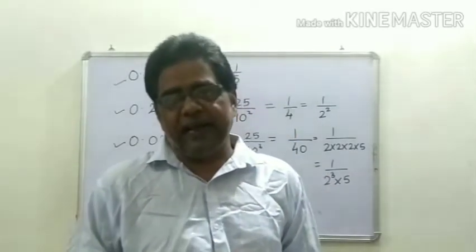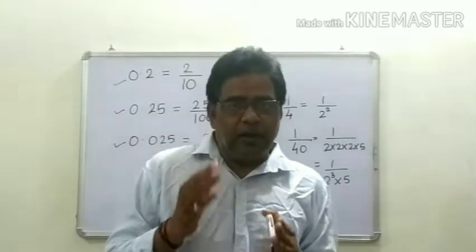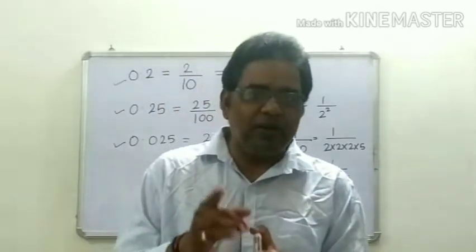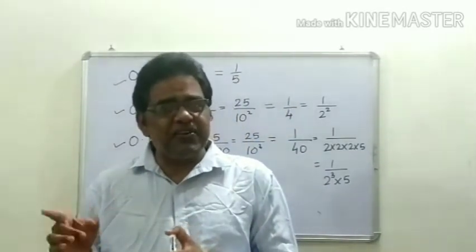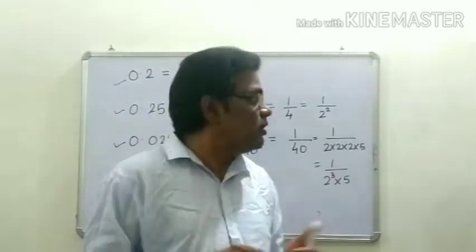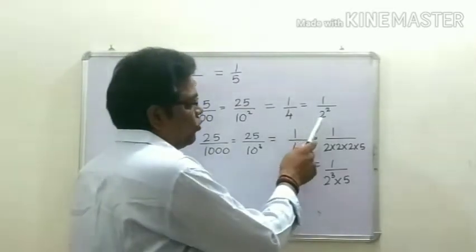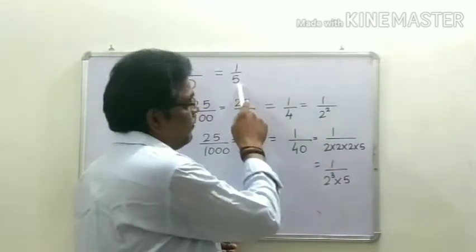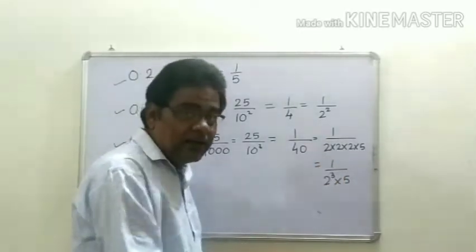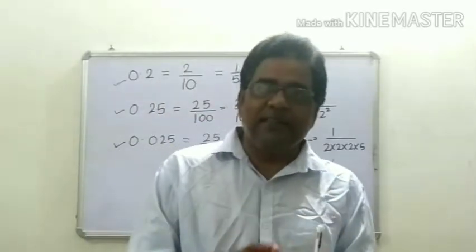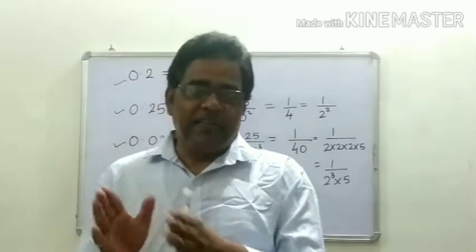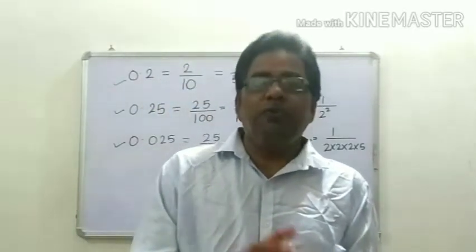If the denominator has a number whose prime factors are 2 or 5 or both, if this is the case, then that rational number will be of terminating type.